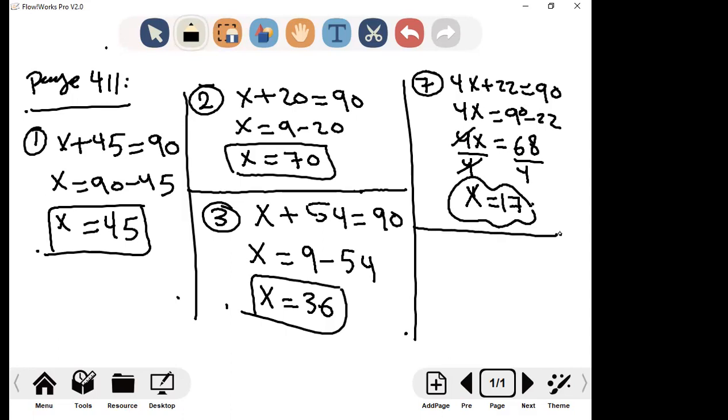Question 8. In question 8 also we have, I will do it in the next page.